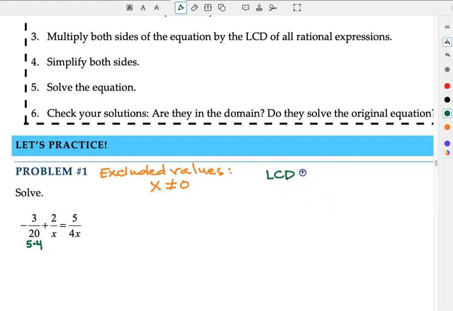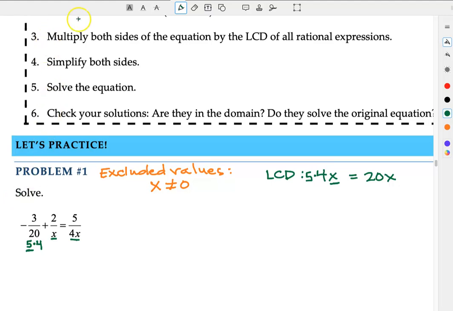If I start off and say 4x has to be there, because this part right here is the 4x, well, that x is already contained as part of it, so I don't need to put that x again. And on this last one, we have the 4, but we don't have the 5, so I also need to multiply that by a 5. So my LCD is actually 20x.